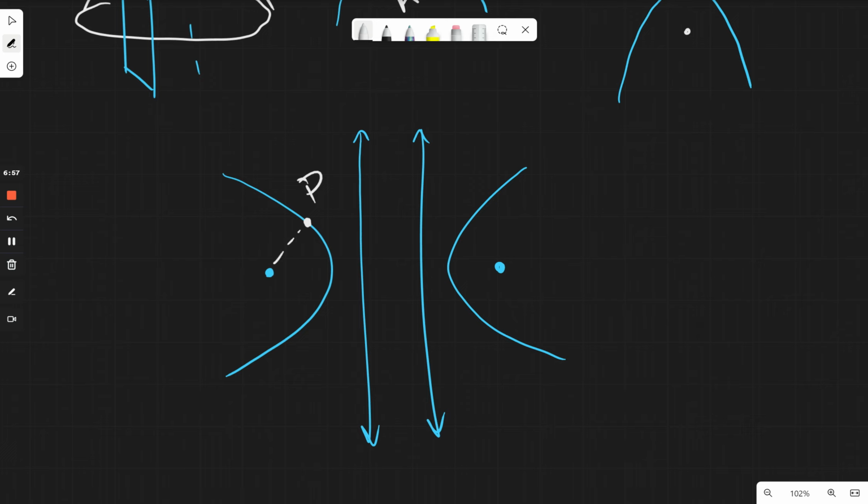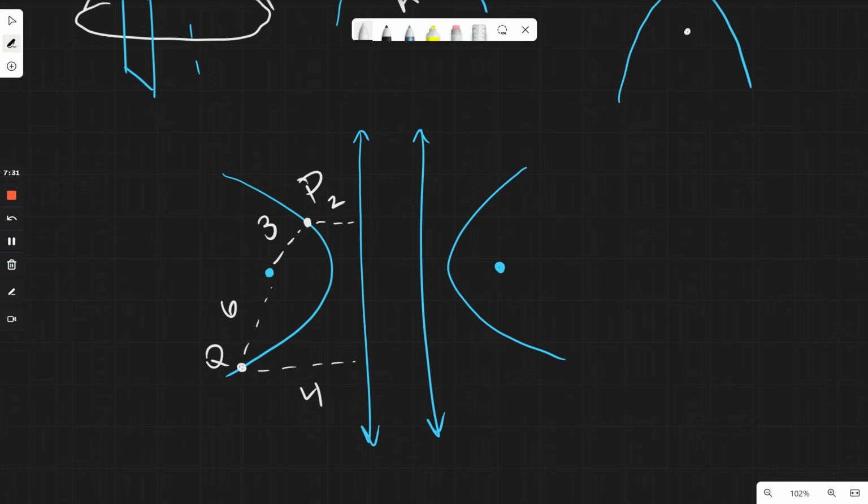So from here to here, the ratio of those two distances is going to be the same as the ratio of these two distances from Q. So for example, let's say this is 3 and then this is 2. This distance is going to be 6 and this distance is going to be 4. And obviously I didn't draw it really well to scale, but there's going to be that common ratio, which is really important.